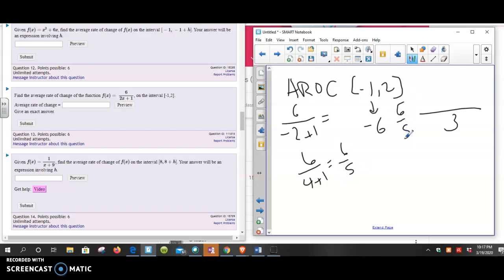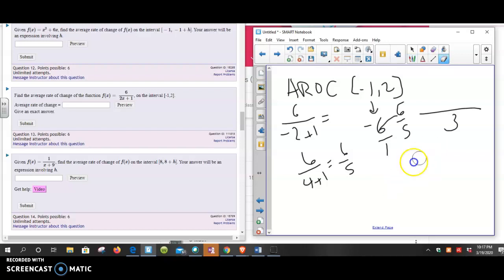So we have to figure out, give an exact answer the problem says. So we have to go from -6 to 6 over 5. So this is a bunch of fractions here. So I changed to the common denominator of 5. It's going to be -30 plus 6. We're doing total distance here.